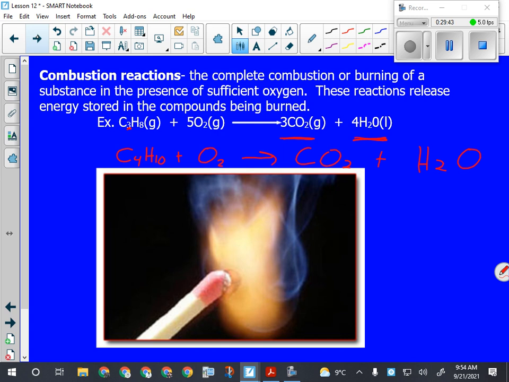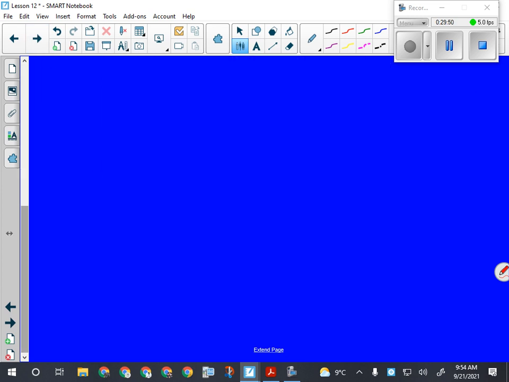So this is one of the special rules that you're going to need to write down for hydrocarbon combustion. I just want to have this on the same area of your notes as the combustion reactions.